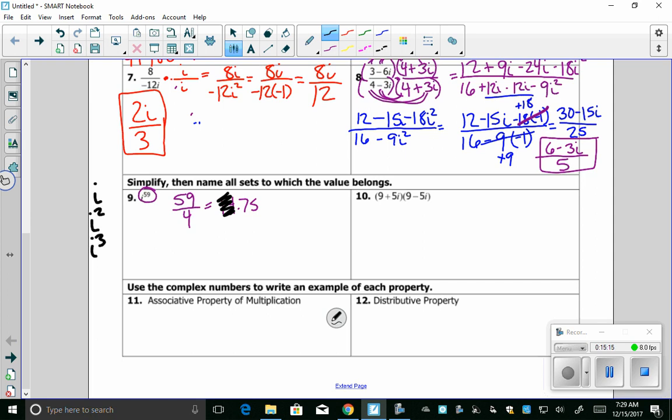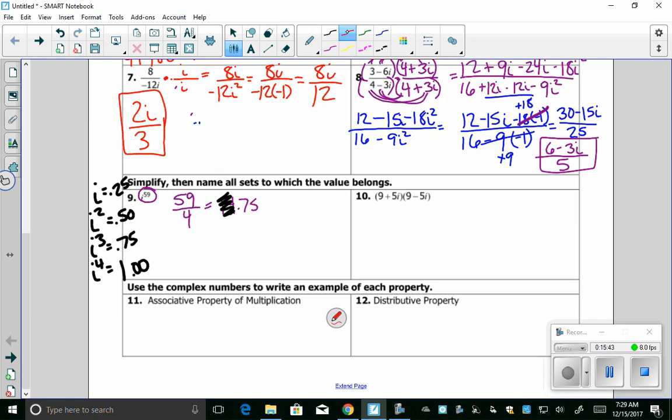I want to list my i, i squared, i cubed, i to the fourth. If you get 0.25, you use i. 0.50, you use i squared. And 0.75, you use i cubed. And if you get a whole number, so no decimal point, you use i to the fourth.